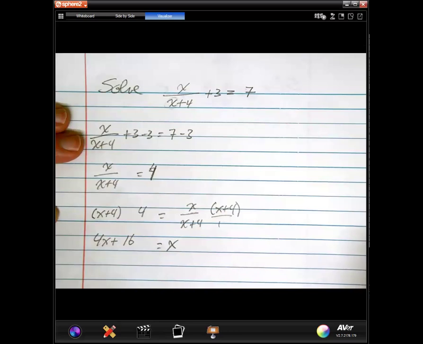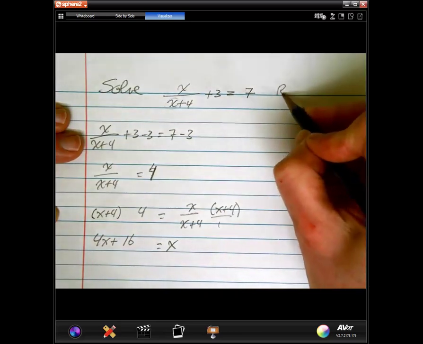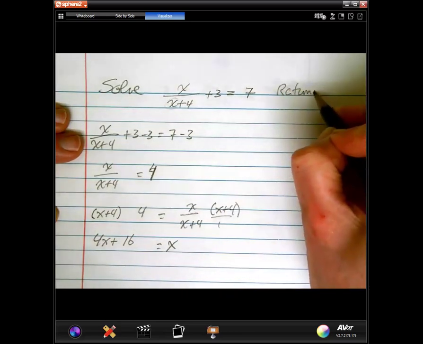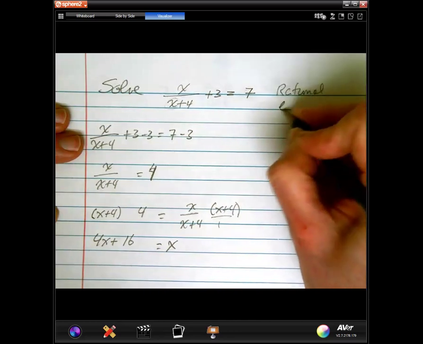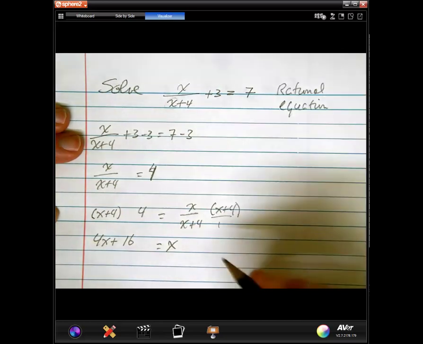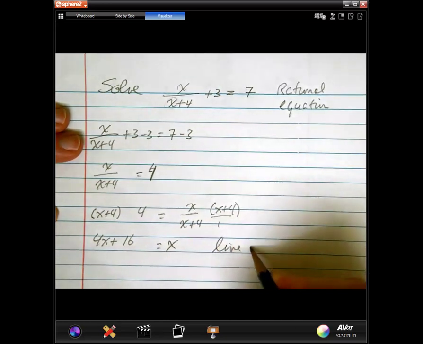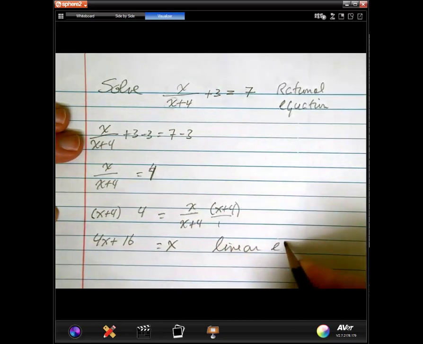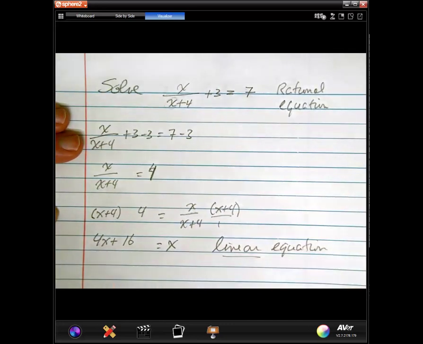Notice, I've gone from a rational equation to what? To a linear equation. All processes in solving attempt to get back to a linear equation. And now that I have a linear equation, I know how to solve it.